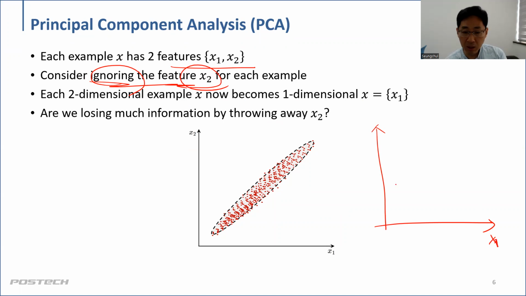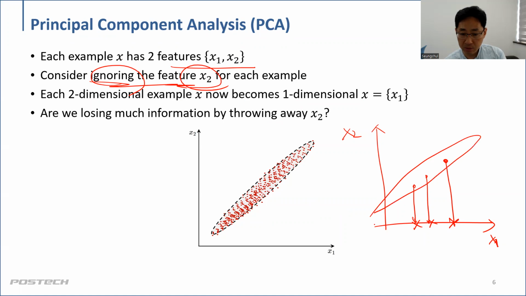Then what's going to happen is that I'm going to make projections again. So instead of the original data set, you will have a data set like that, on this axis.